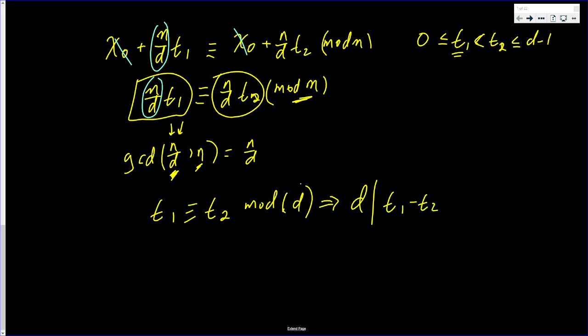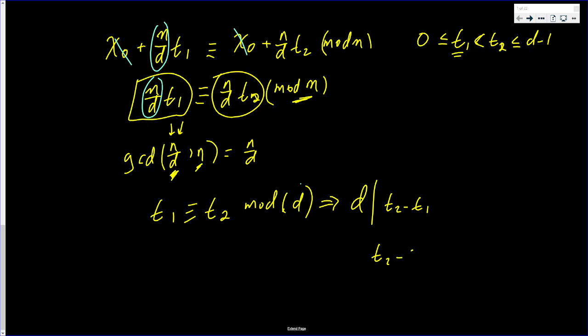But T1 minus T2, well, T2 was larger. So d divides T2 minus T1.